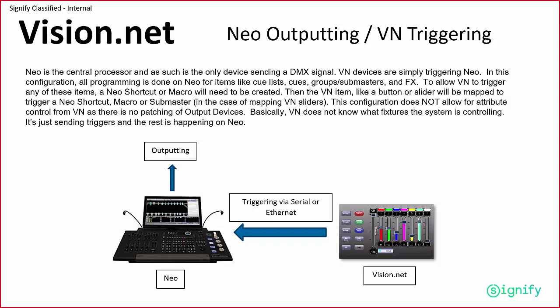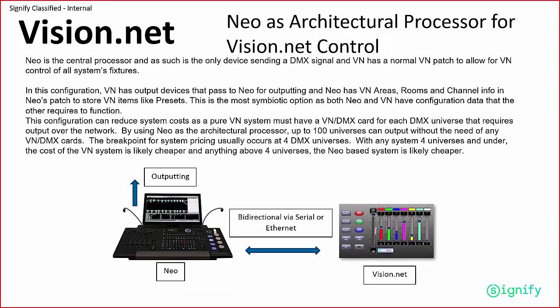So this is just talking about how you can output over Neo and have VisionNet do all the triggering. And it's a very flexible, expandable system that way. Now, the last way that you can look at controlling Neo and VisionNet working together is to have Neo be that architectural processor, as I was talking about a minute ago, and VisionNet do the triggering.